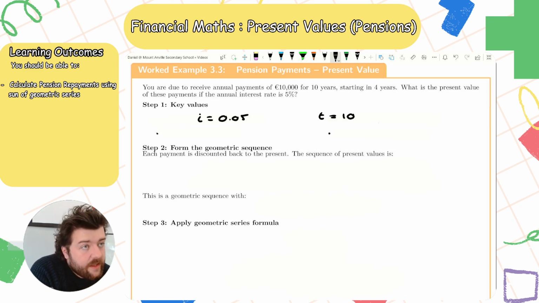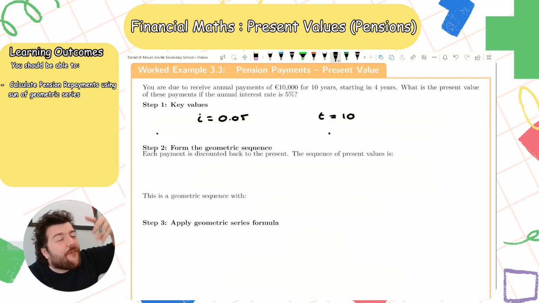You have to think about this now. I'm starting my 10-year pension in 4 years. So I'm due to receive €10,000 a year for 10 years, starting in 4 years. What is the present value of these payments? So how many years is my first payment accruing interest for?